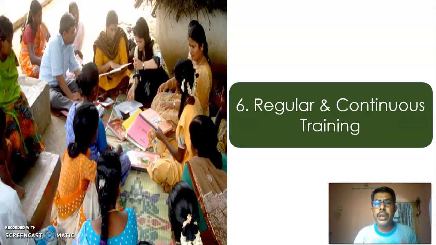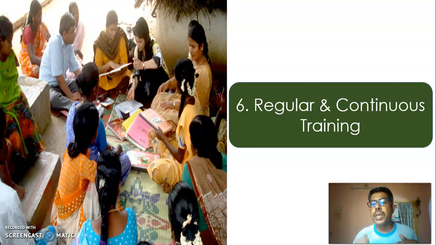And the regular and continuous training. Every week they are meeting the farmers, and on the 5th day they hold a deliberation in the back office, and they discuss what they understand to be the needs of the farmers. Based upon the need, they formulate strategies and give training to the farmers in the next week or forthcoming period.